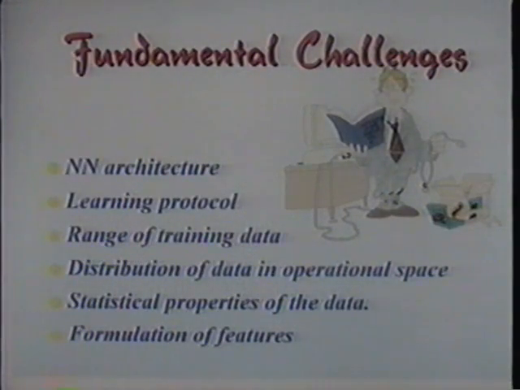The first challenge would be the neural network structure. With that, we mean the size of the neural network. If you look at the multi-layer perceptron, it would be the number of hidden neurons, because usually the input and output neurons are decided by the problem you are solving.